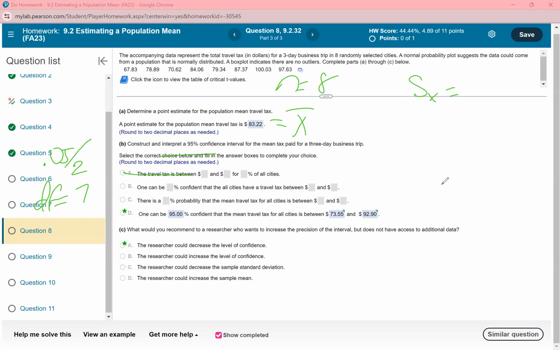One can be blank percent confident that for all cities, there is a blank probability, it's never probability. One can be 95% confident. See, so B and C both have that word confident, that the mean, see, this is a confidence interval about the mean. Not that we're confident that the cities will have a travel tax between. It's that we have a mean travel tax for the cities between.